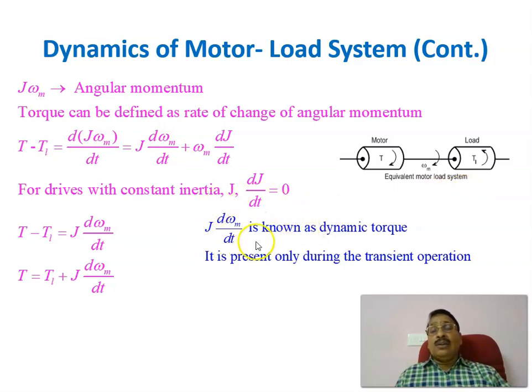During that period only this component J d omega m by dt will be present. Therefore, T minus TL equals J into d omega m by dt, or the electromagnetic torque developed by the motor equals the load torque TL plus J into d omega m by dt.